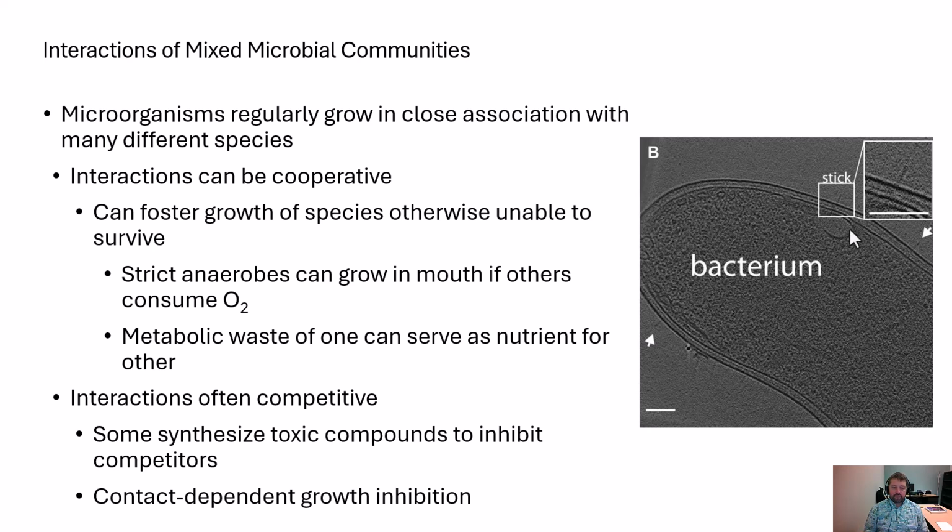Okay, and they can do that by a couple ways. They can synthesize toxic compounds to inhibit competitors, and sometimes that is passed by basically driving a structure into the other organism and depositing it in them.